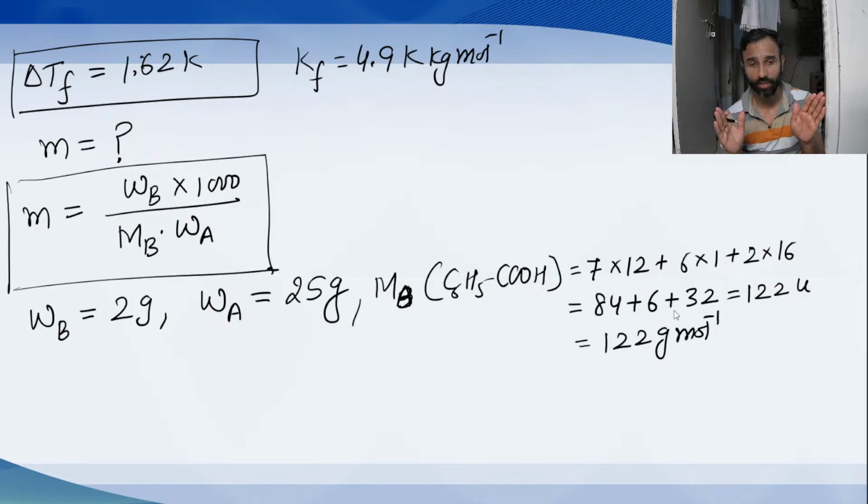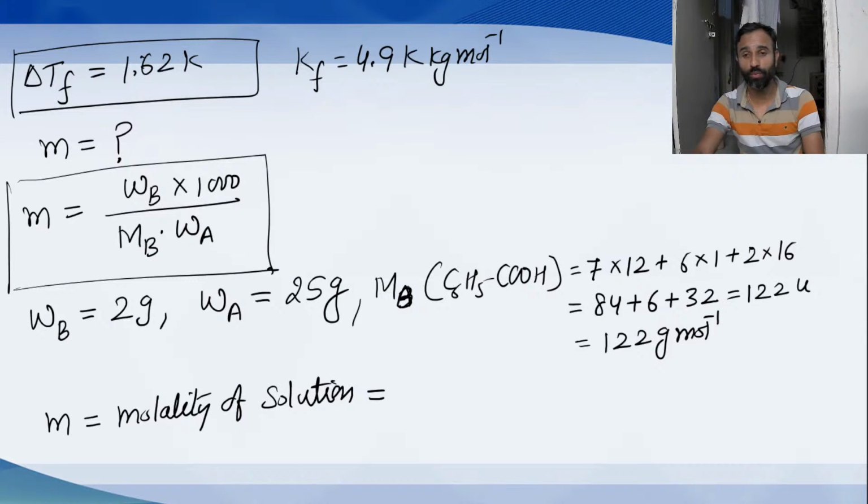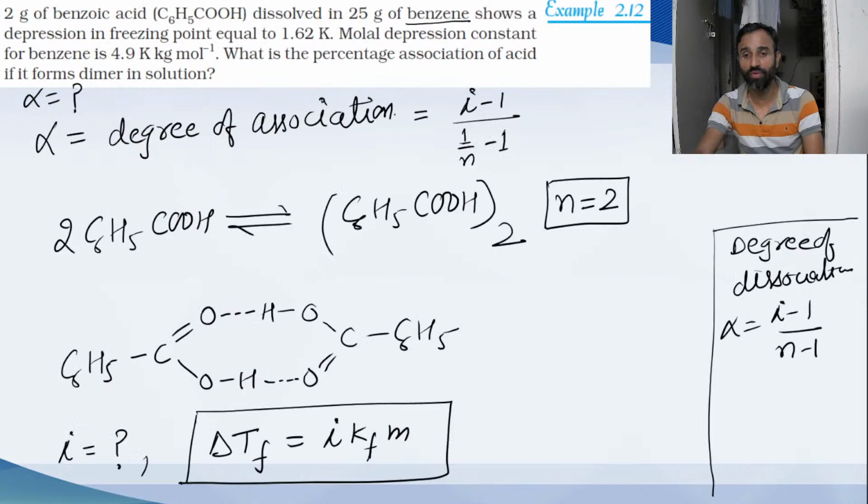Now with everything we have, we get i. First we calculate small m, that is the molality of the solution. See, how do we proceed? First we start with what is to be calculated.